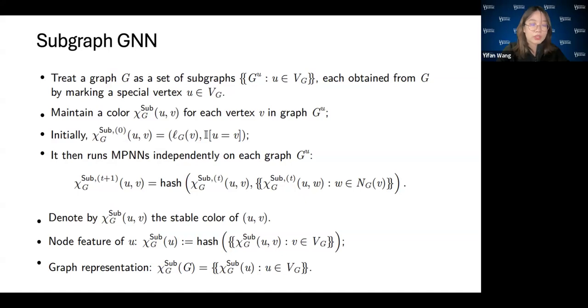This iteration will stop when we get a stable color. So the node feature of a graph is defined by this equation, and also the graph representation. They are all very similar to the message passing graph neural networks.